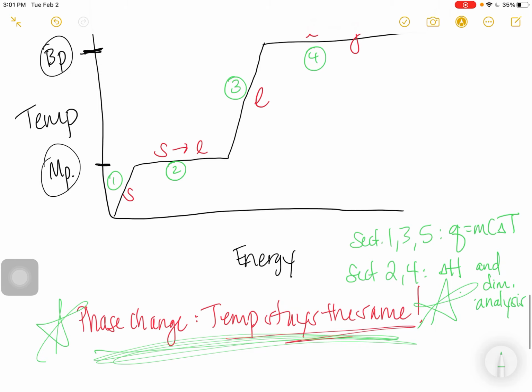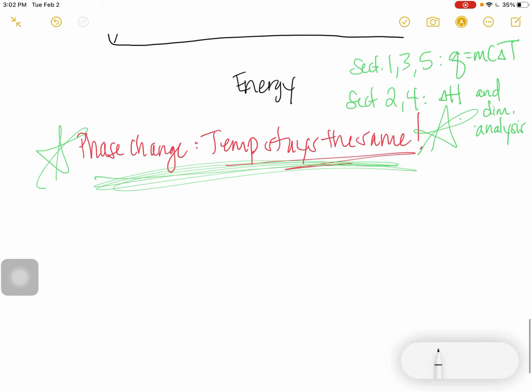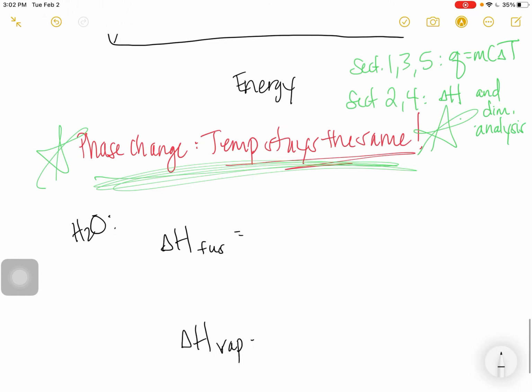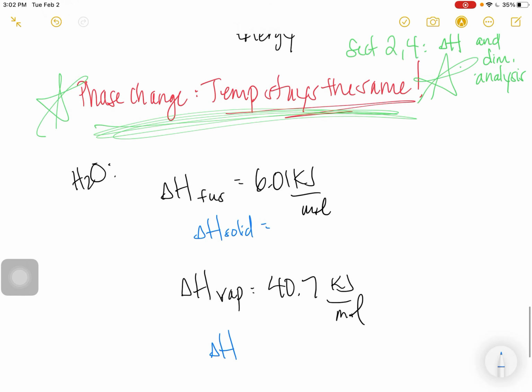Because it's a phase change, I cannot use MC delta T. For water, there's a delta H of fusion and a delta H of vaporization, and we know how much energy it takes to melt and to vaporize a mole of water. But secretly, they also are giving us 2 more, which are the opposites, because the opposite process is just going to be exothermic.